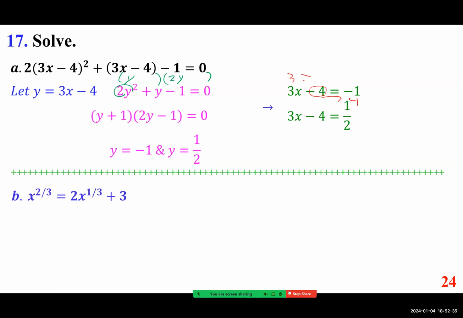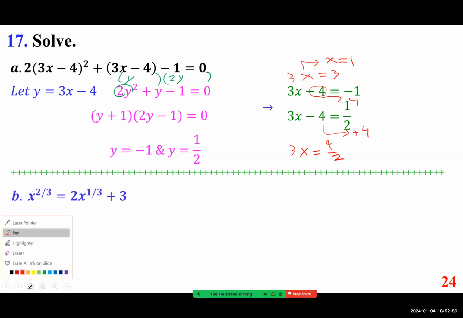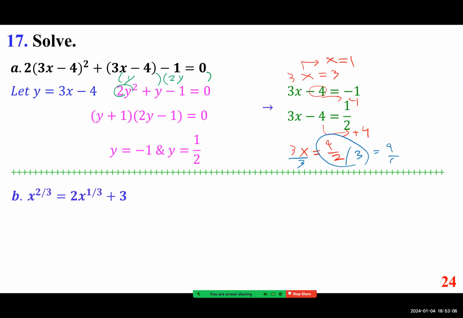That gives us 3x equals 3, x equals 1. The bottom one, 3x equals 4.5, which means 9 halves. And if I'm dividing by 3, I get 9 over 6, which is 3 halves. And those are the answers.